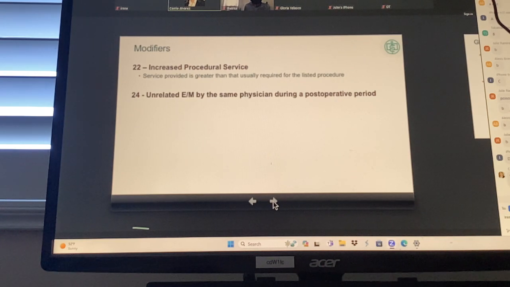Some things are minor, and the physician isn't going to do a lot of documentation and doesn't want to add another service. Some physicians are really, I don't want to say paranoid, but conservative is a better word for it.